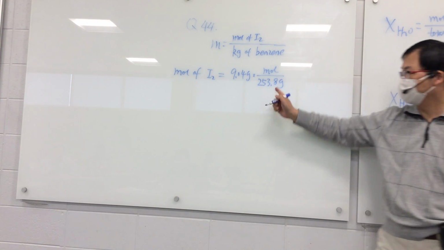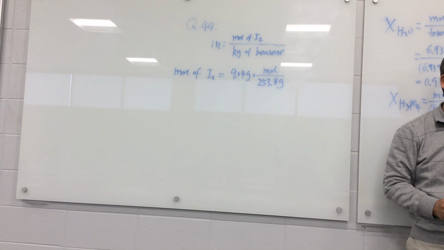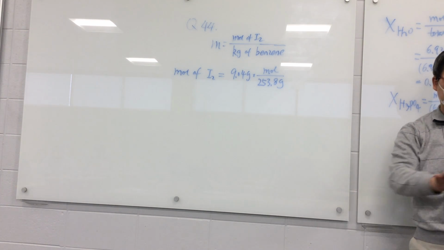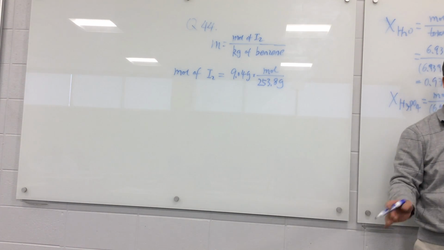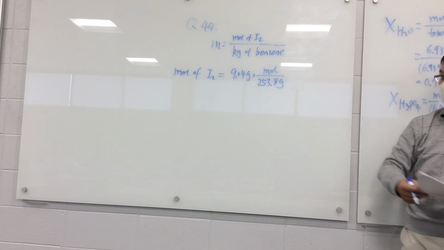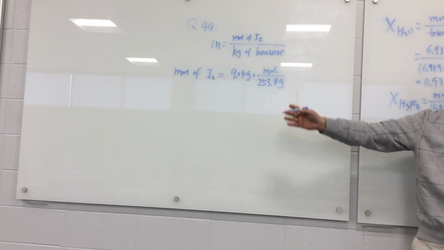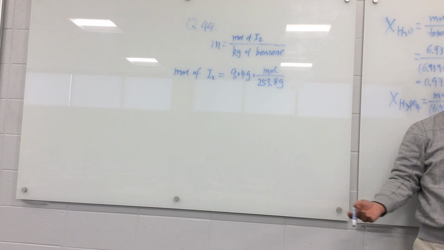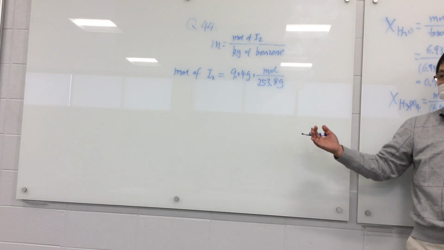1 mole of iodine is equivalent to 253.8 grams. You can check iodine molar mass: you Google iodine molar mass, it equals 253.8 grams per mole. That means 1 mole of iodine is equivalent to 253.8 grams, or 253.8 grams iodine equals 1 mole. The same thing.